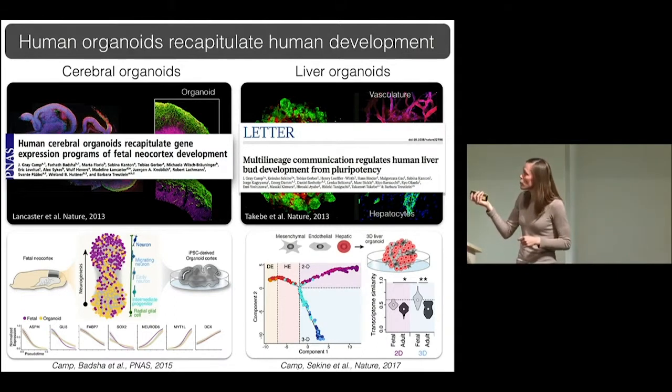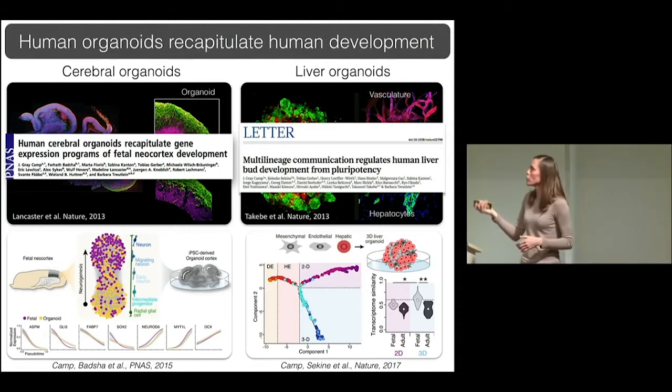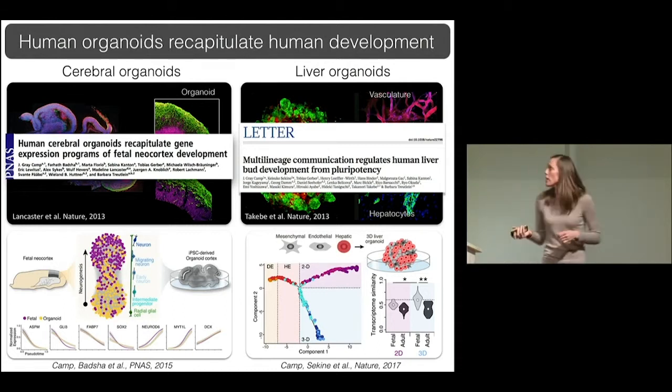And when we put all cells together here, in this lineage trajectory analysis, we saw that initially the cells are very similar in 2D and 3D, but as soon as you let cells differentiate further in the three-dimensional tissue, they become quite different and mature on a different trajectory than the cells in two-dimensional monoculture.